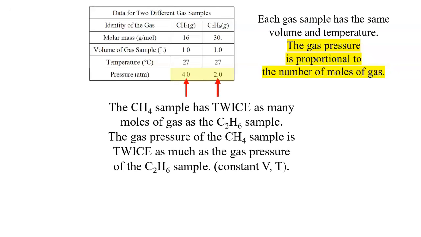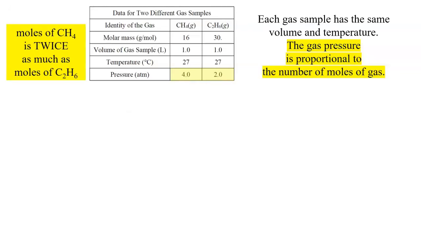So I can conclude, based on this pressure information, that the CH4 sample has twice as many moles of gas as the C2H6 sample. And the reason why is because the gas pressure of the CH4 sample is twice as much as the gas pressure of the C2H6 sample. So again, under conditions of constant volume and temperature, pressure and moles are directly proportional.